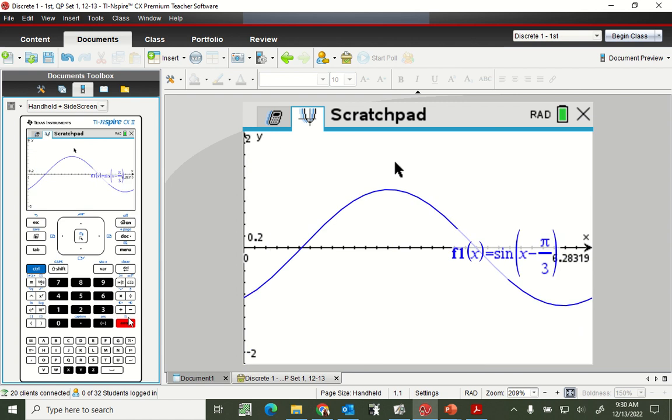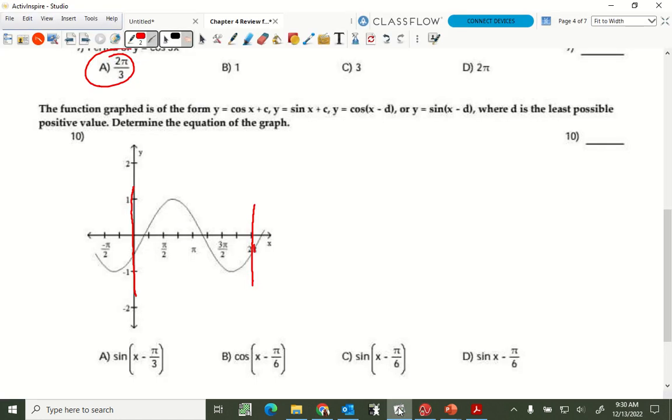And change. So there's that one, right? The next one was cosine x minus pi over 6.